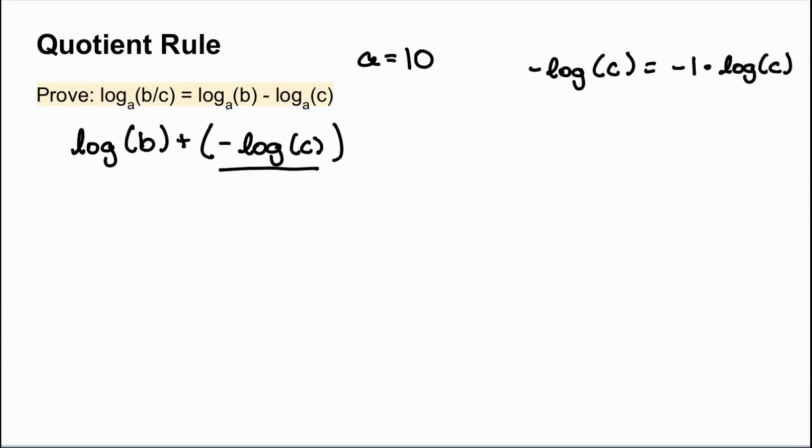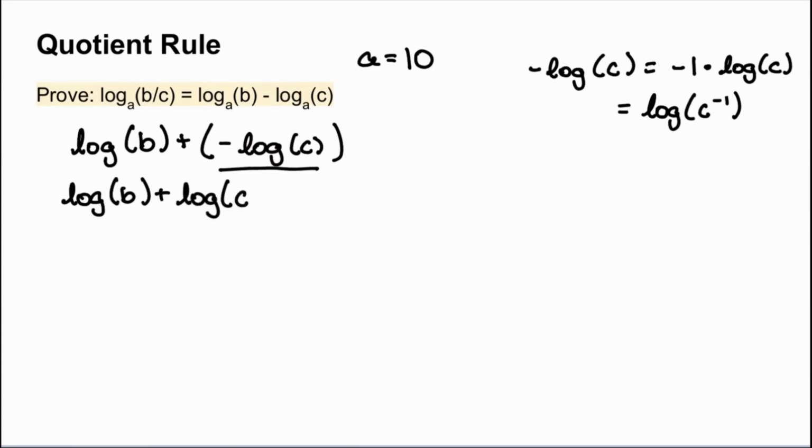And we've already established with the power rule that if you have some exponent in your argument, you can pull it out. Well, the reverse is true. If you have some product to a log, you can put it into the logarithm as well. This is equal to log of C to the -1 power. So let's rewrite this. This is going to be equal to log of B plus, the negative is gone now because we're going to put it inside of this log.